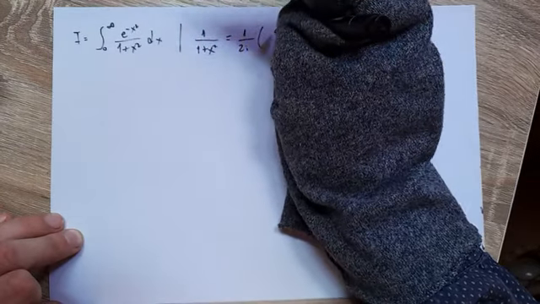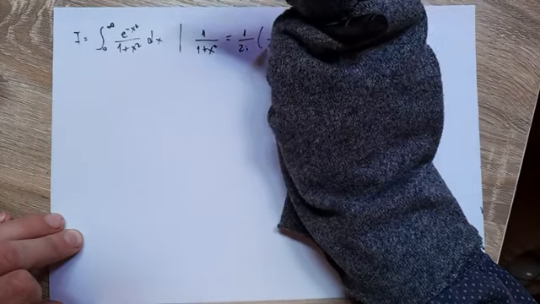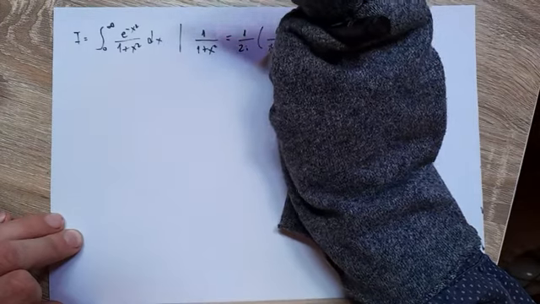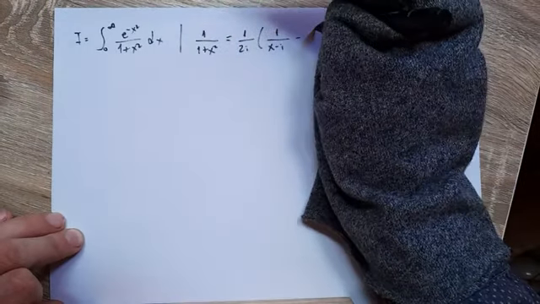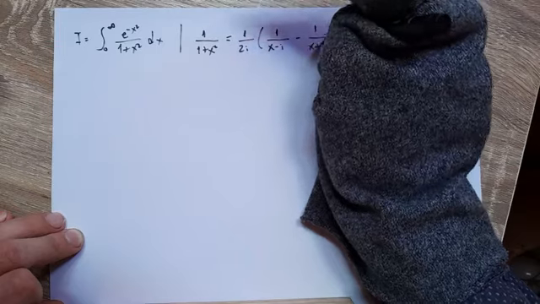1 over 2i times 1 over x minus i minus 1 over x plus i.